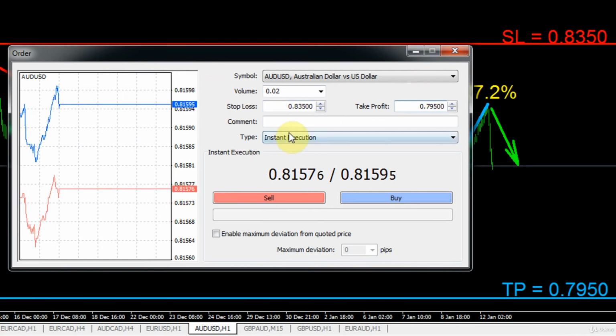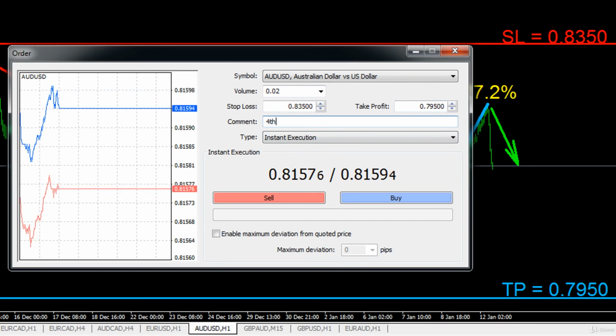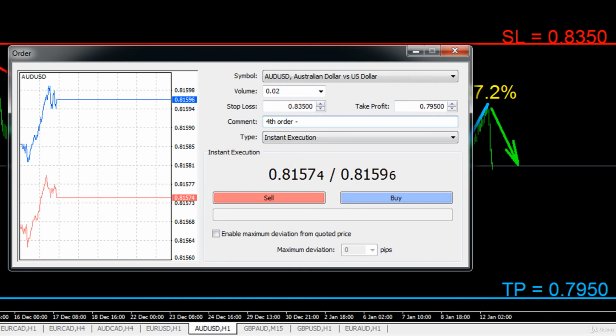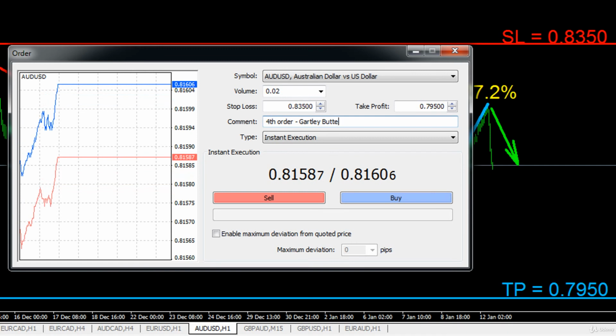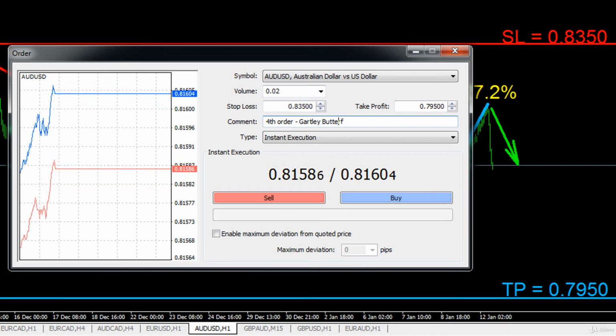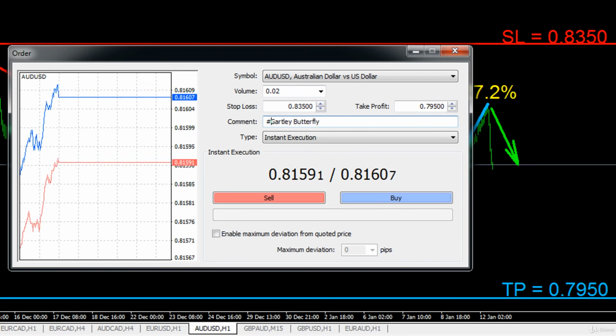Comment, let's call this fourth order, we'll call this Gartley butterfly. Oh, it doesn't fit. Let's just call it Gartley butterfly, and at the start we'll say number 4.